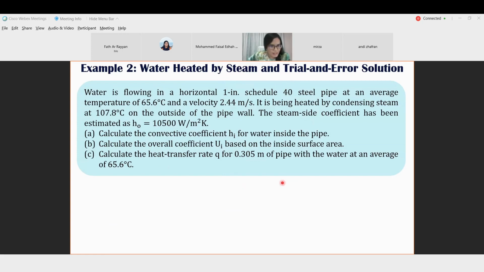Okay, the temperature, that is the temperature of water, 65.6 degrees Celsius, correct. Then we have the velocity and HO, yep. We'll need all this later to calculate. What does the question ask for? There are 3 parts, A, B, C. HI, yeah, we need that, correct.